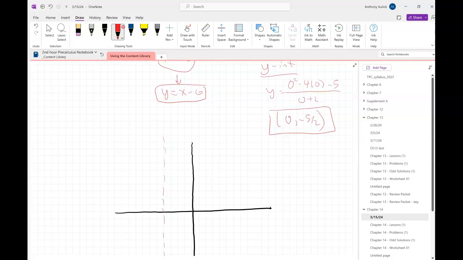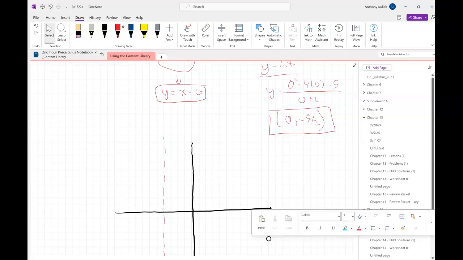Well, I have to draw the equation for the line, right? To graph a line, how many points do I need? 2. So maybe I'll pick x to be, I don't know, like +2. If x is +2, what's y? -4.